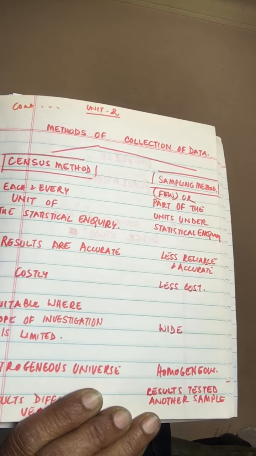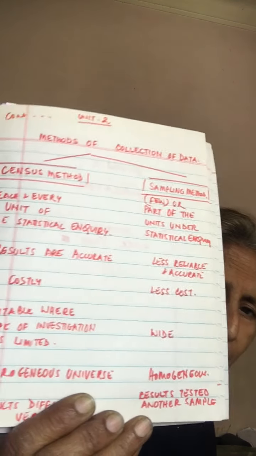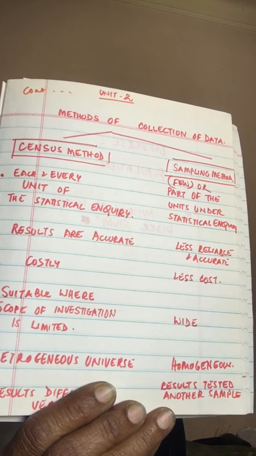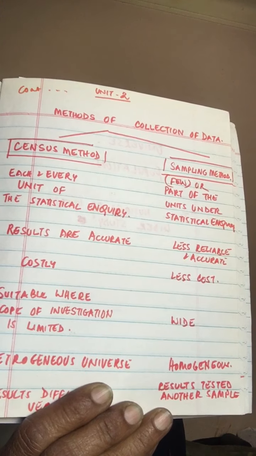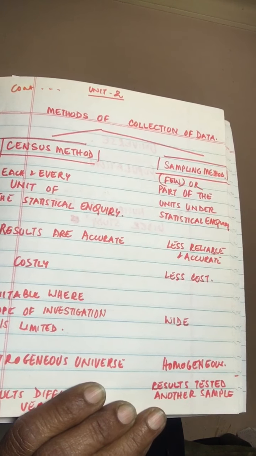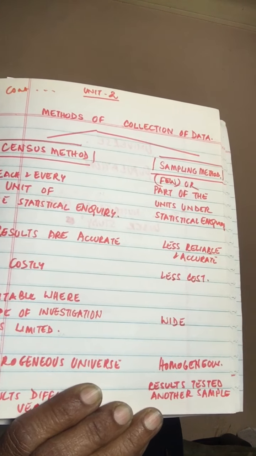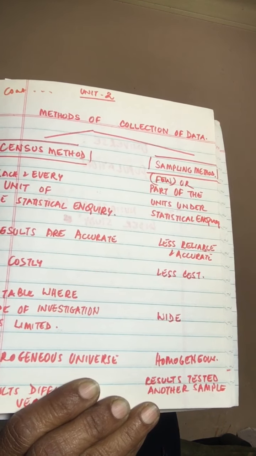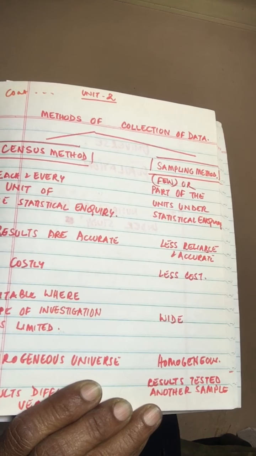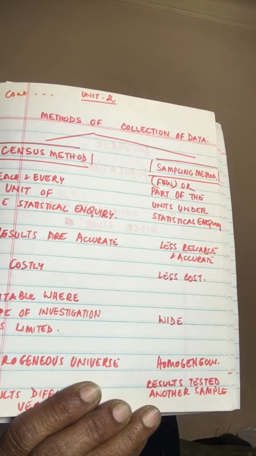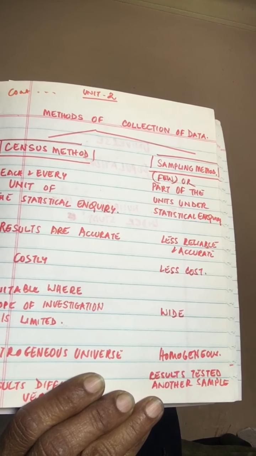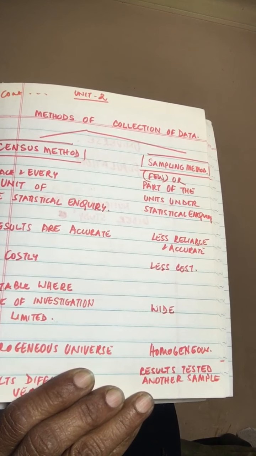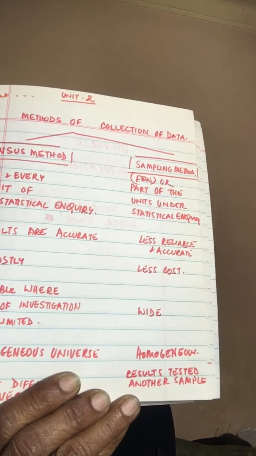So now let's do the basic difference between the two before we go on. Census method is, as we said, where each and every item of the universe is studied, and in sampling method, only a few units of the universe are selected and studied. In census method, the results are quite reliable and accurate because each and every unit is being considered, whereas in sampling method, results are less reliable and accurate.